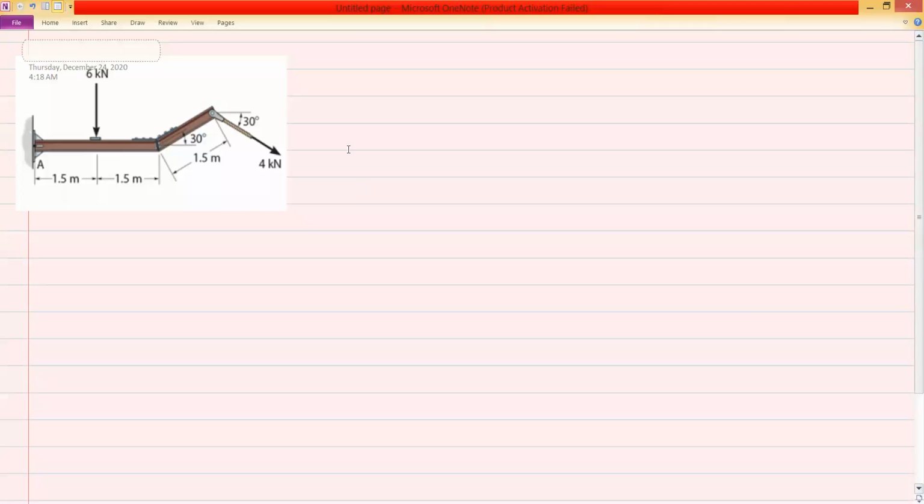So this is one problem. So the problem statement is: a beam is subjected to two forces, 6 kilonewton and 4 kilonewton, as shown.